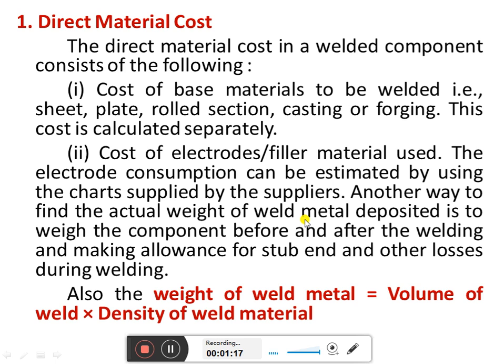The weight of the weld metal is equal to the volume of the weld times the density of the weld material. With the help of this, we can find out the weight of the weld metal.